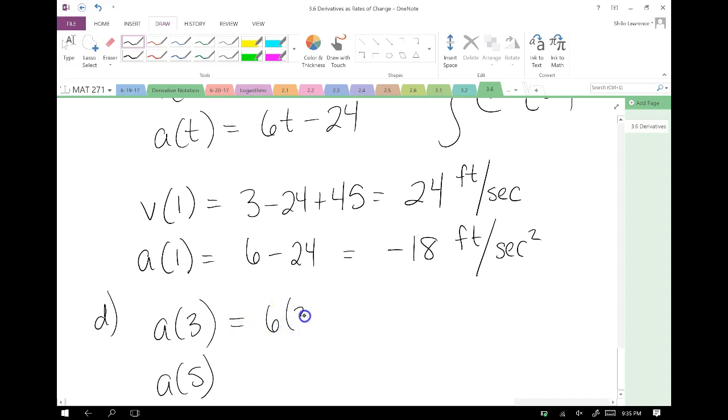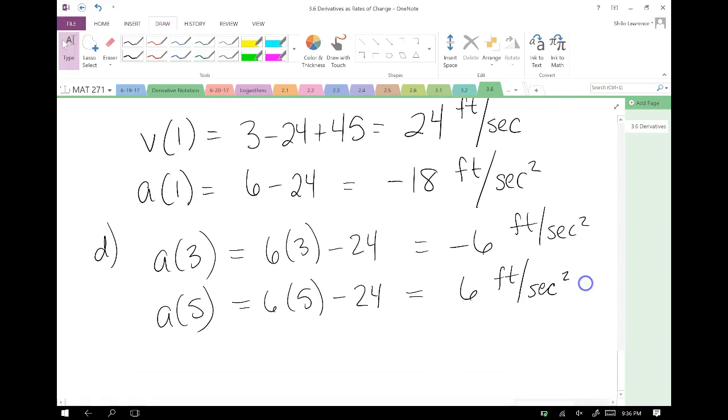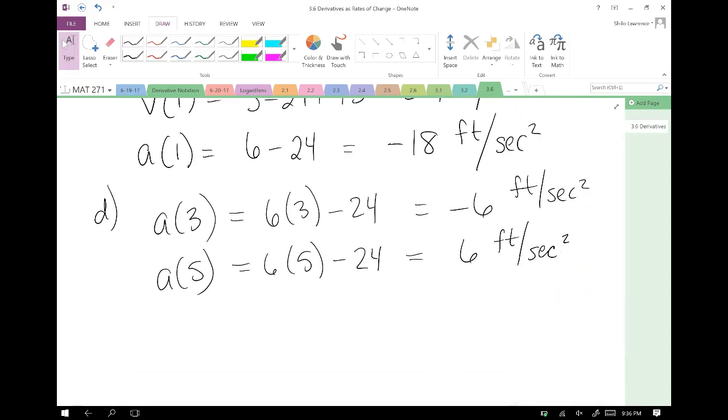They just want us to plug in 3 and 5. So that's 18 minus 24, which is negative 6, and 30 minus 24, which is positive 6. And these guys are in feet per second squared. So we already knew when it was going to have velocity 0, and we already had an acceleration function. We just had to put those two ideas together and do a calculation.